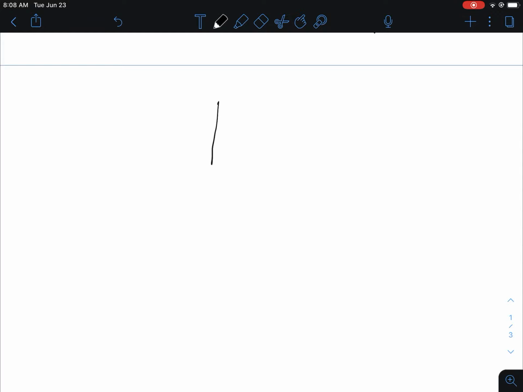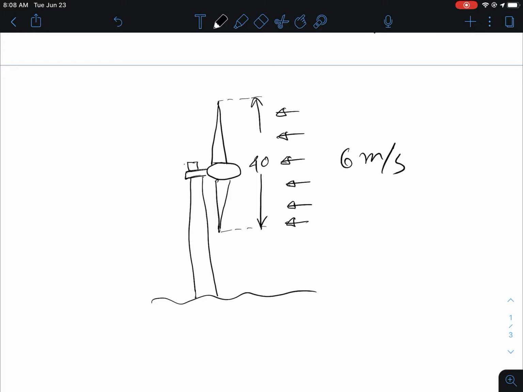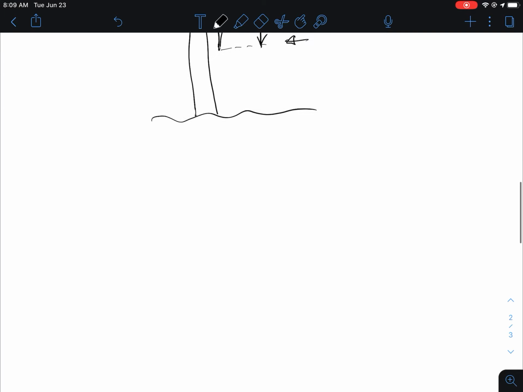Basically, if you have a wind turbine installed like this, then the air velocity is 6 meters per second coming in, and this rotor diameter is 40 meters, right? So we have to determine how much airflow is coming through this rotor diameter. That's what this formula is for.